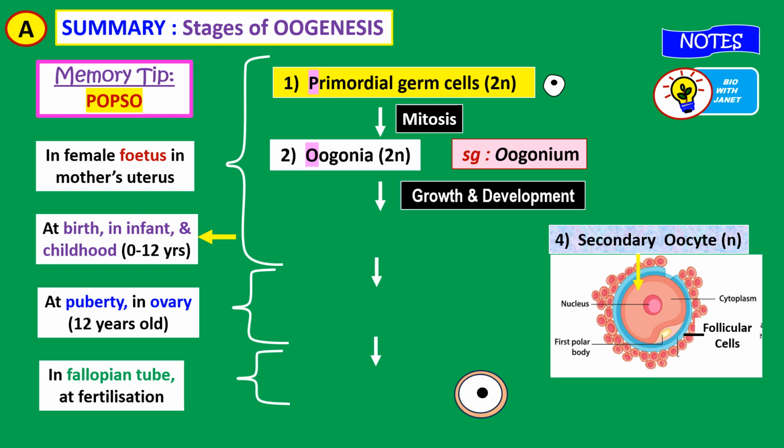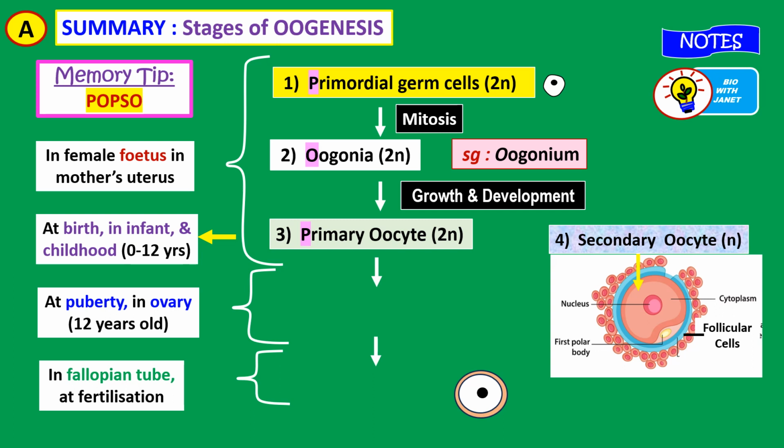The oogonia undergo growth and development to become primary oocytes, which are also diploid. So at birth, the baby girl has many primary oocytes. But the primary oocytes have to wait 12 years, until puberty is attained by the girl, at around 12 years old.